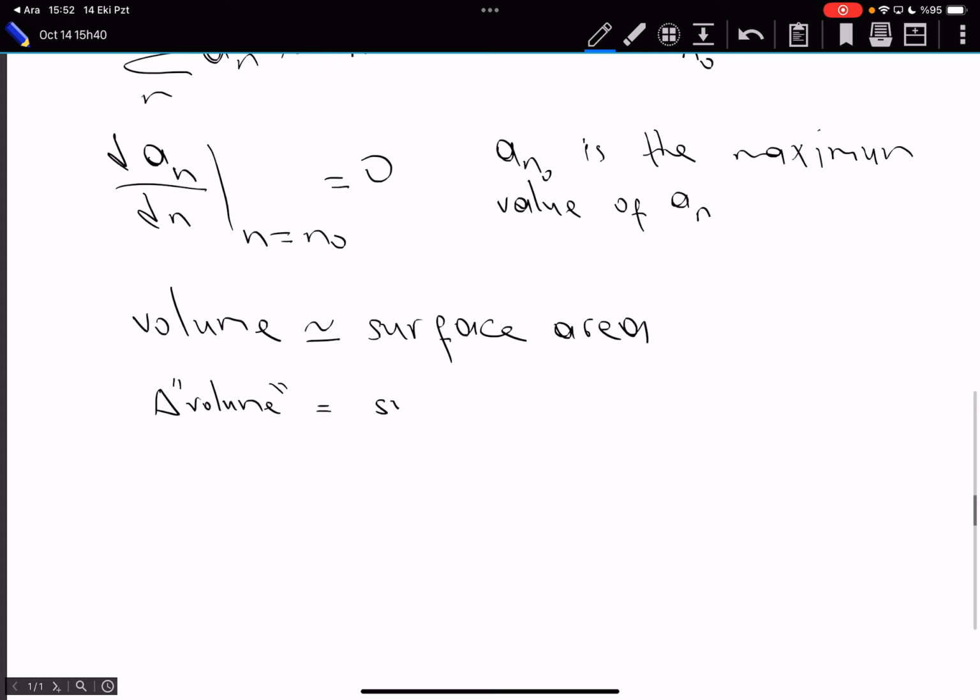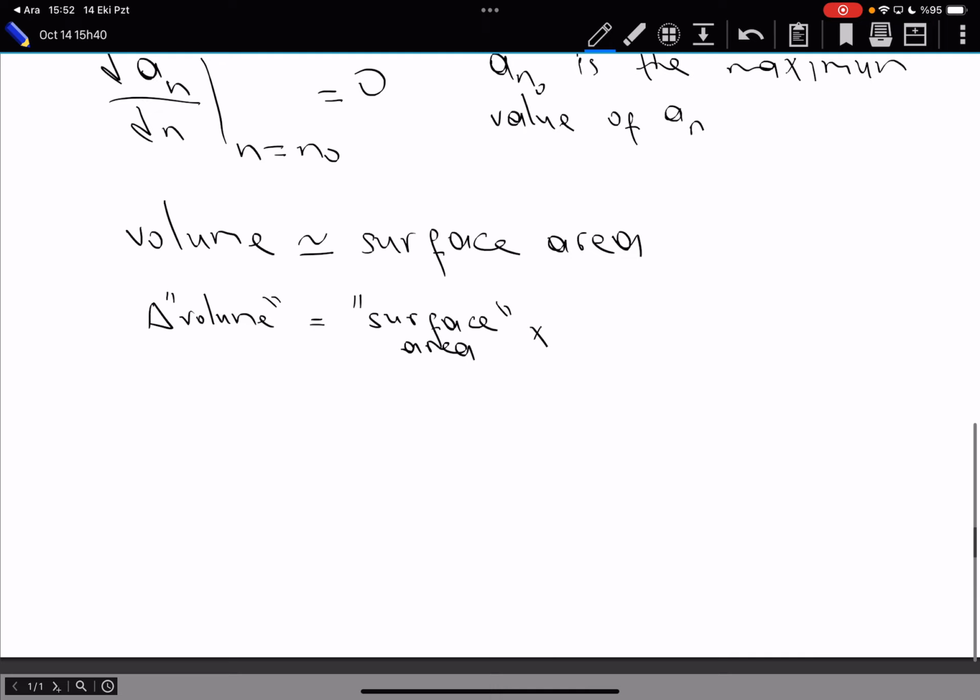This will be the surface area times the thickness. The thickness is just some reasonable number, not a huge number. So the surface area will scale as 10 to the power n. This will be nothing but the surface area for all practical purposes for us.